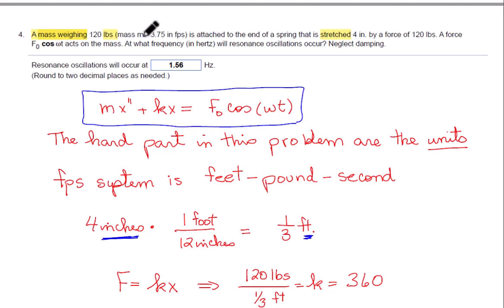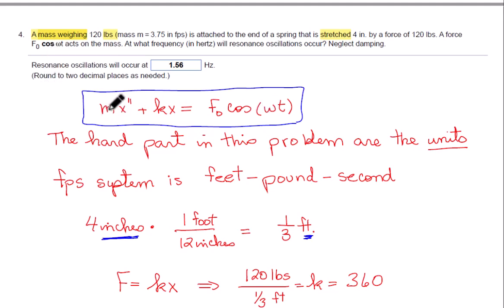They're telling me the mass. And we've got a mass attached, and it stretches the spring by 4 inches with our mass. And we have a driving force that's going to act on it. And so what is the resonant frequency going to be? No dampening, so there will be resonance.